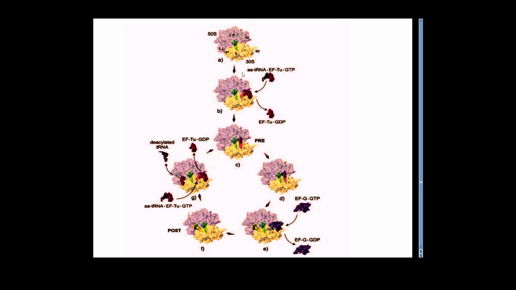And selection of the correct tRNA will be bound with the next A site. For it, elongation factor with GTP is necessary.